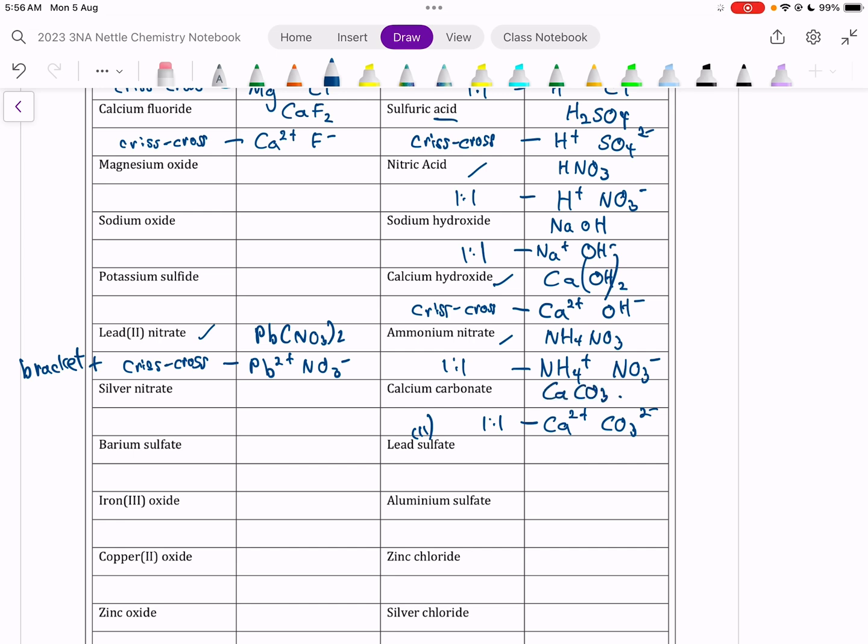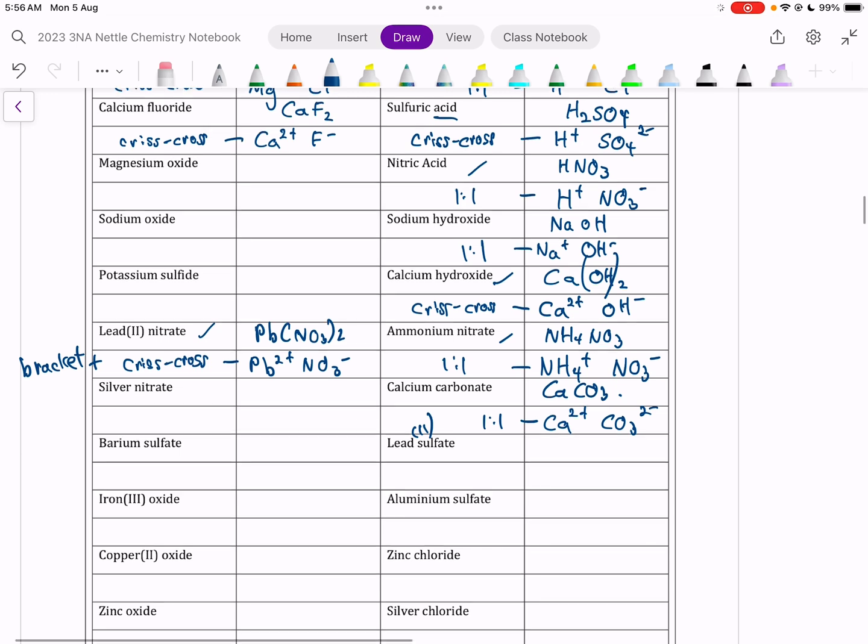Then we have lead 2 sulfate, that's Pb2+, SO4 charge is 2-, so 1 to 1, PbSO4.